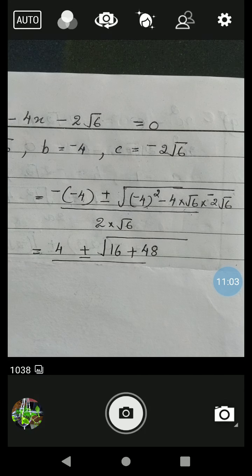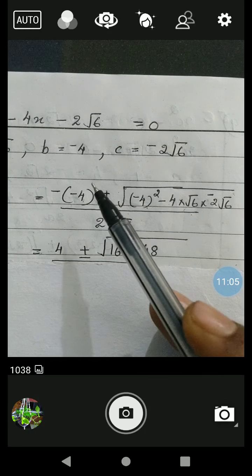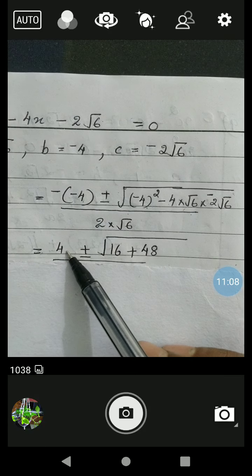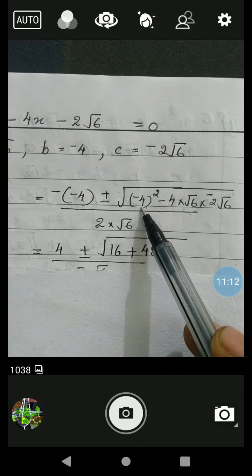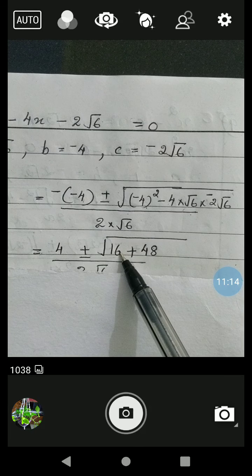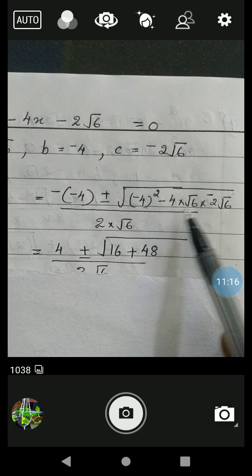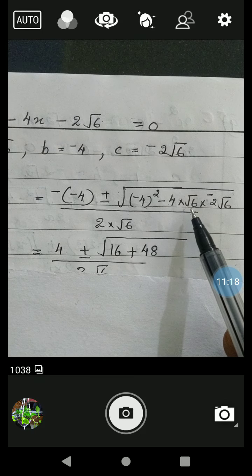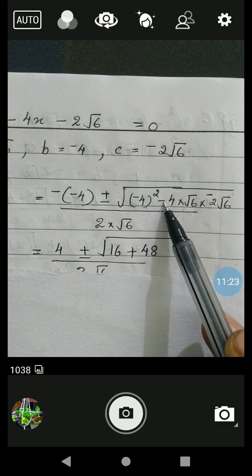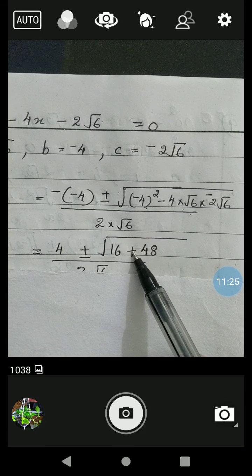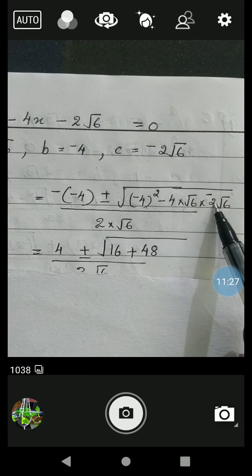Look here. Minus of minus 4, that is 4, plus or minus 4 the whole square, that is 16. Minus 4 into minus 4, 16. Then here 4 into root 6 into minus 2 root 6. Minus and minus becomes plus. 4 into 2, 8.